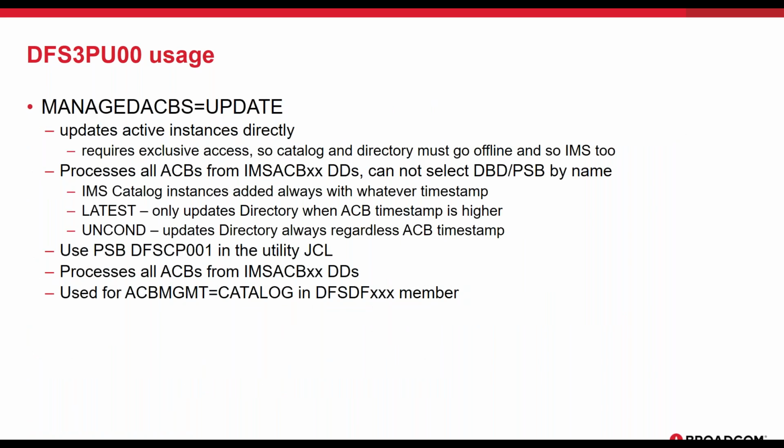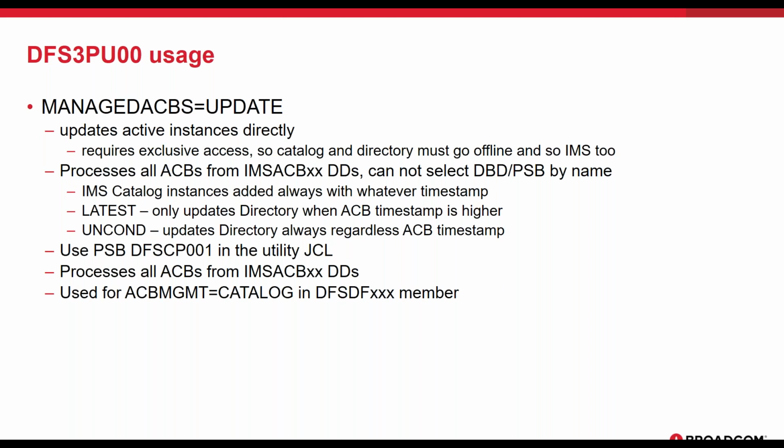The second option is the MANAGEDACBS=UPDATE control statement. This again updates the active instances directly in the catalog and IMS directory. It also, compared with the previous one, reads the input members from the ACB libraries.